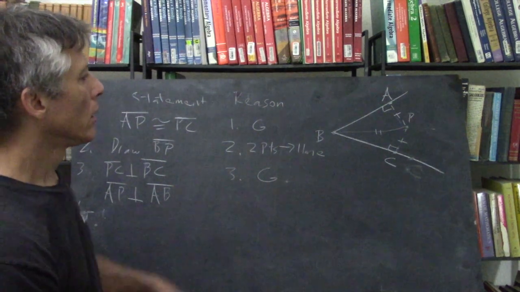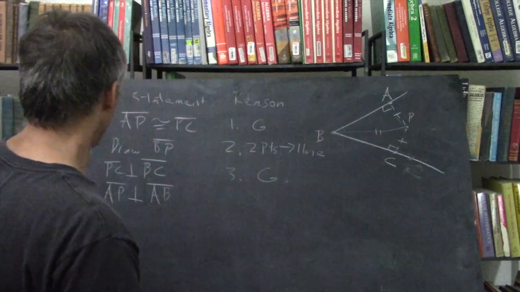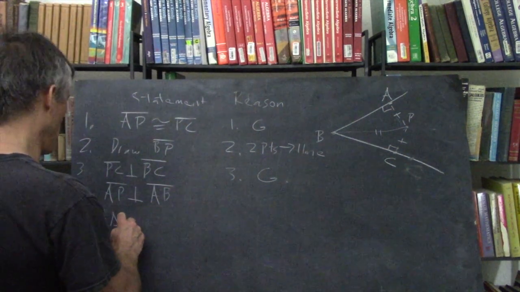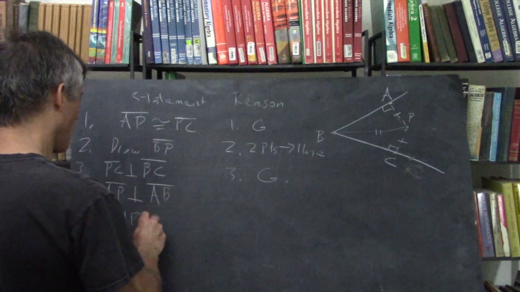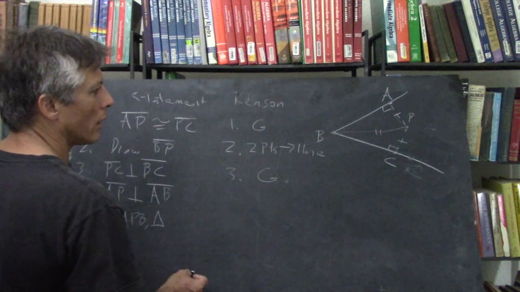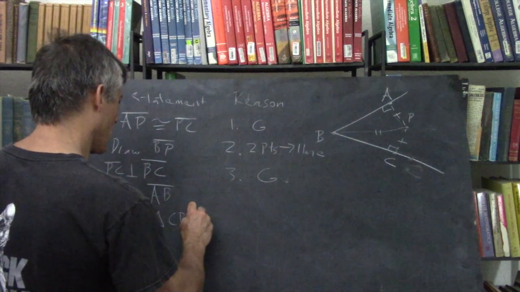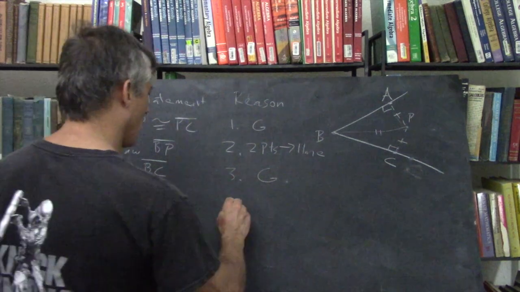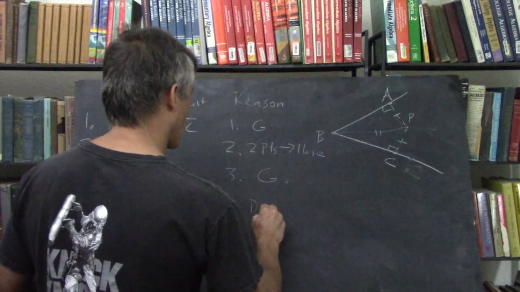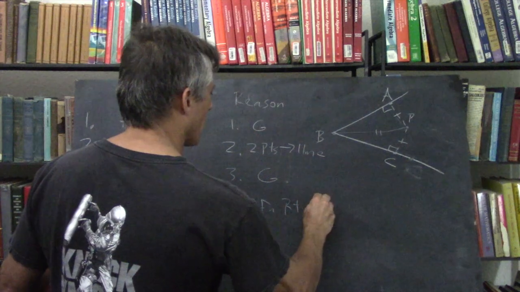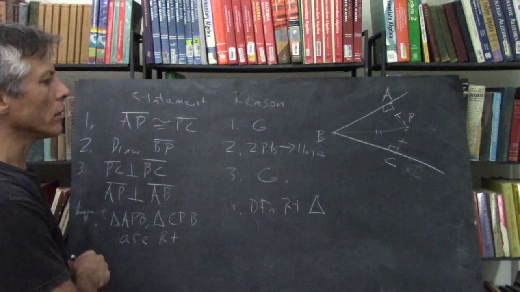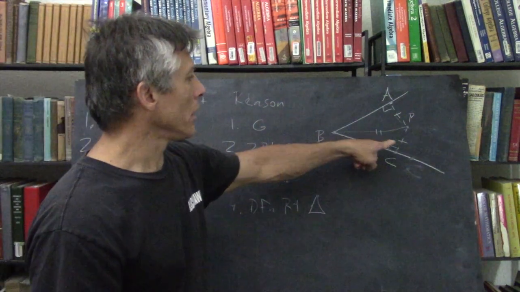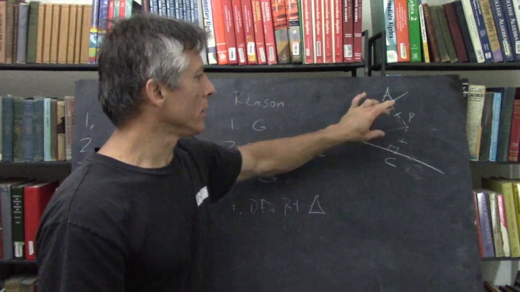Okay, so since that's a right angle and that's a right angle, we have two right triangles. So triangle APB, triangle CPB, our right triangles. Definition of right triangle. And then by the hypotenuse leg theorem, hypotenuse leg, the two triangles are congruent.